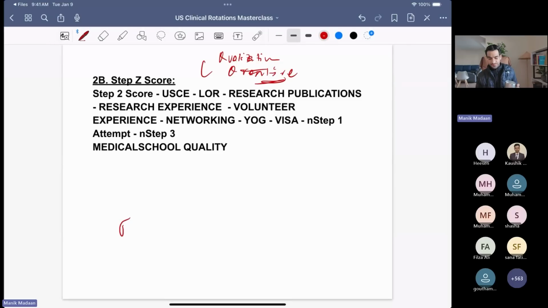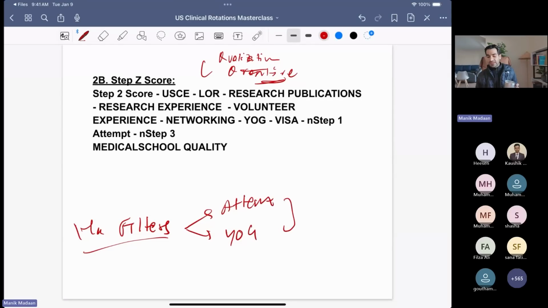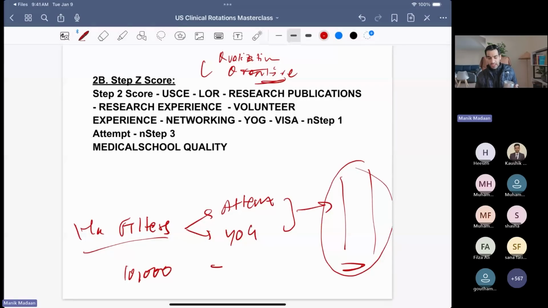Yes, there are hard filters, where let's say if you have an attempt, or let's say if you have a certain YOG, your application is weeded out immediately, right? But after that, let's say we have 10,000 applicants. And because of these filters of attempts and YOGs, we weed out 2,000 applicants.